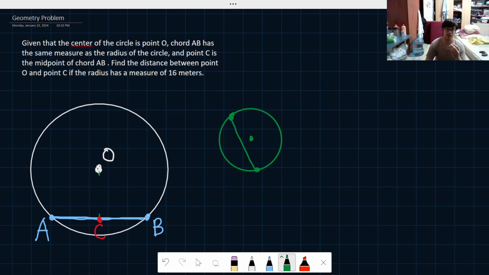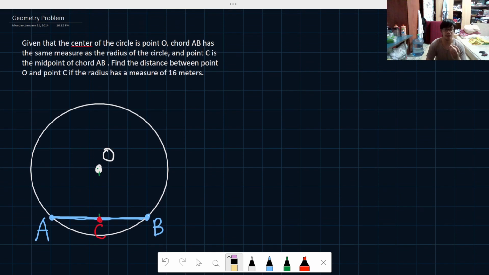It shows the distance between two endpoints, but it doesn't pass through the center. Because if it does, that's no longer a chord. There's a specific term for that, which is diameter. So yeah, now you get it.